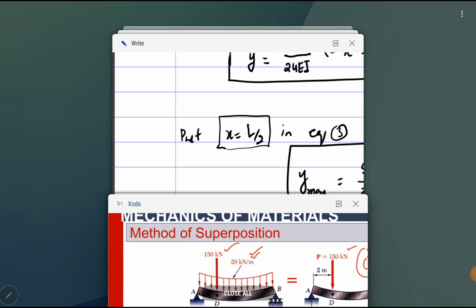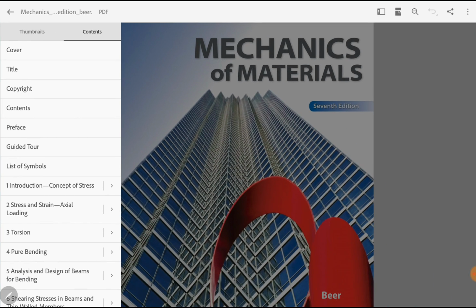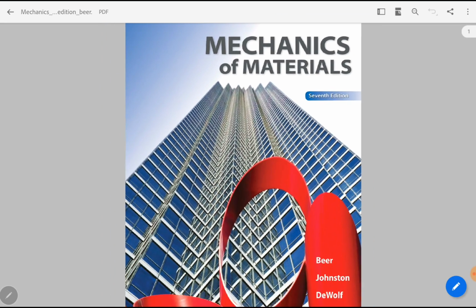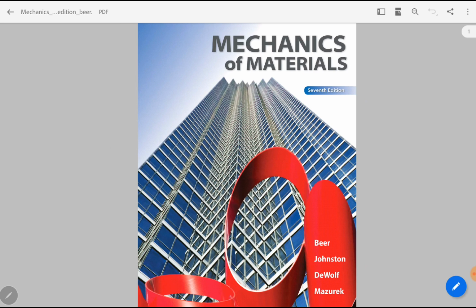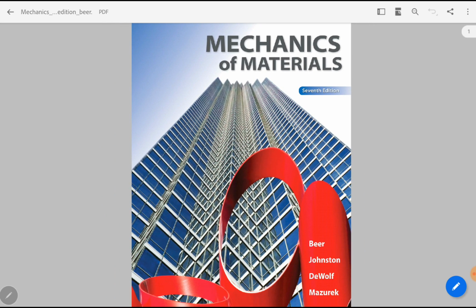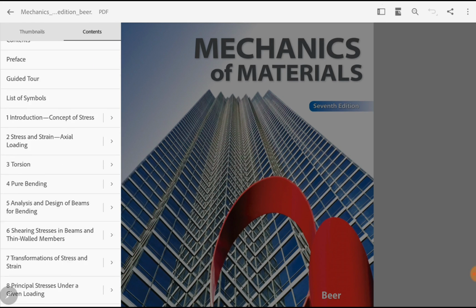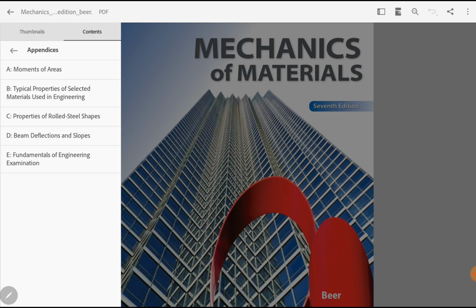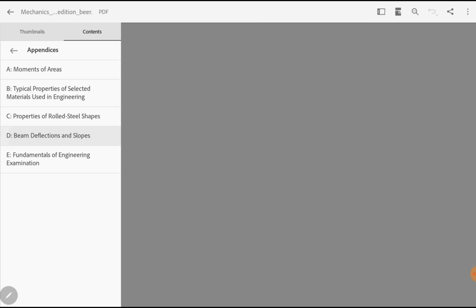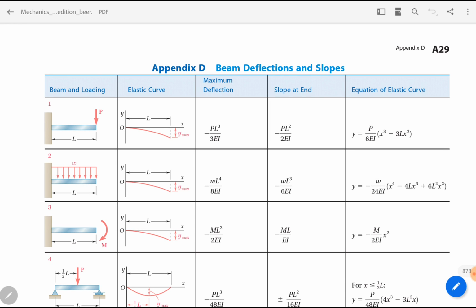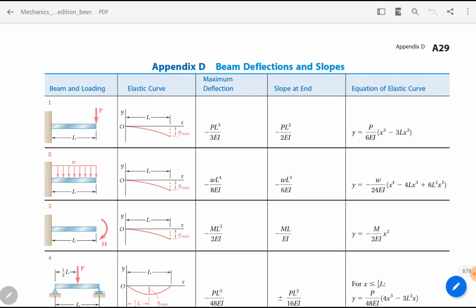I will show you in the textbook. This is the textbook for Mechanics of Materials by Beer and Johnston, 7th edition. And if we go to appendix D, this appendix shows beams, deflections, and slopes.